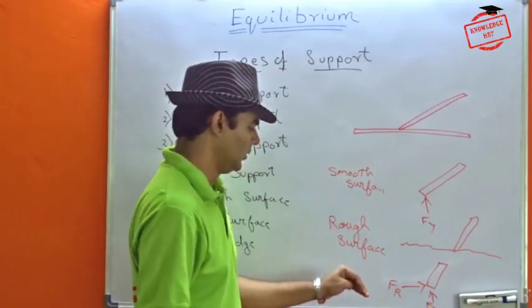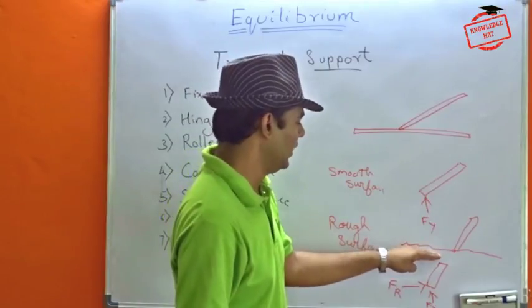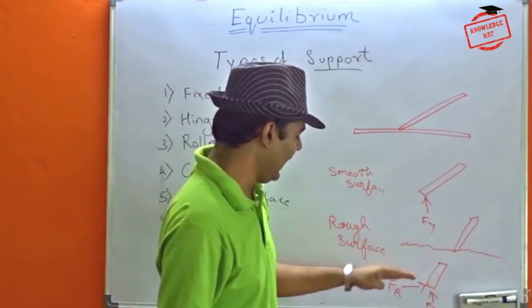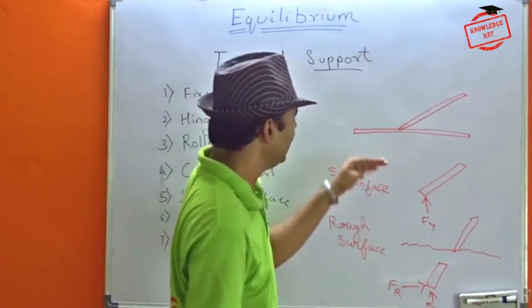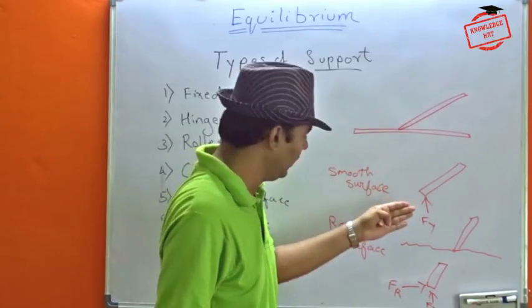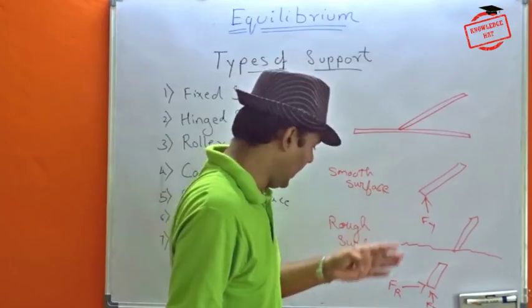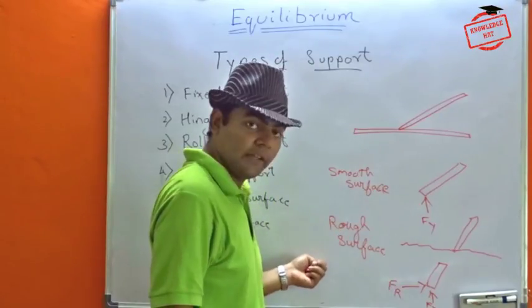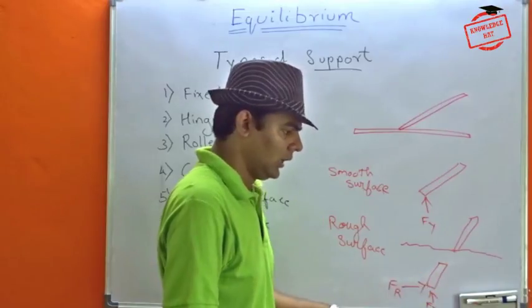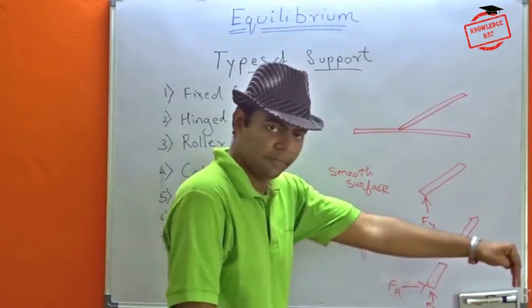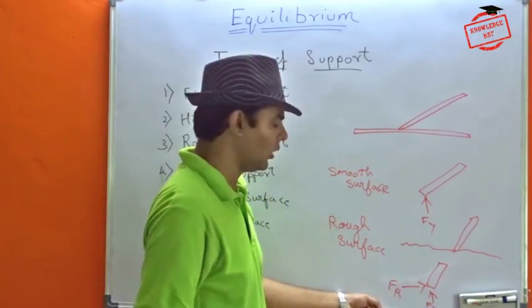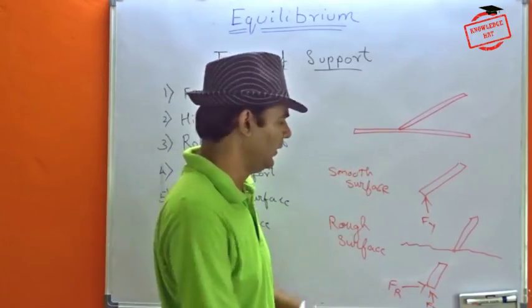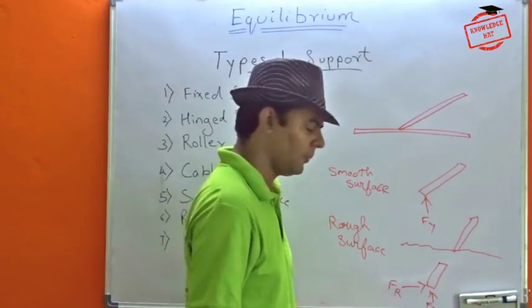It's very interesting to understand and apply the knowledge. If it is given that we have the smooth surface, we take only one force into account. But if we have a rough surface, there will be some friction while dragging that beam. So we take the frictional force Fr also into account. We have another chapter on friction. We'll study it in detail at that point.